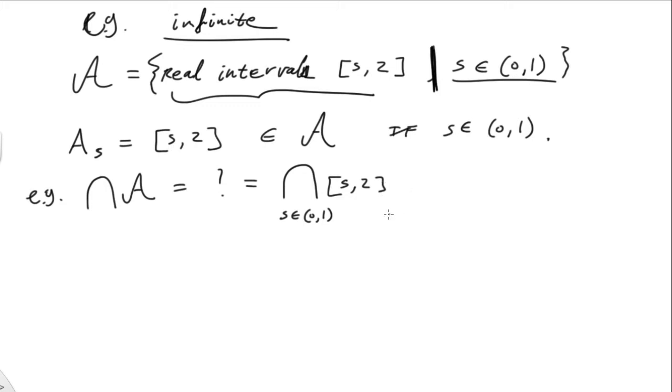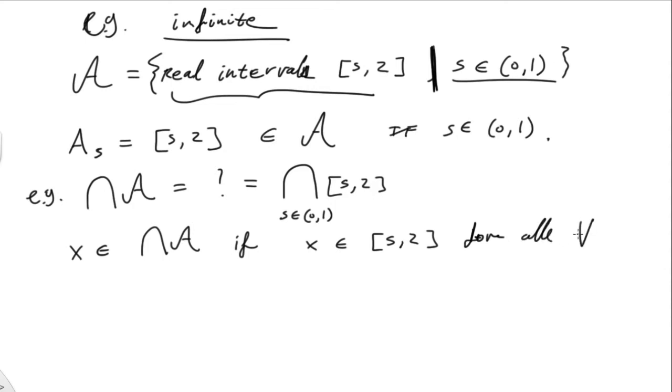The intersection, of course, has to contain elements. So first of all, the objects that are in this intersection of the collection: x is an element if x is in the interval [S, 2] for all S, and I'm going to put my for-all symbol there, for all S in the range 0 to 1.